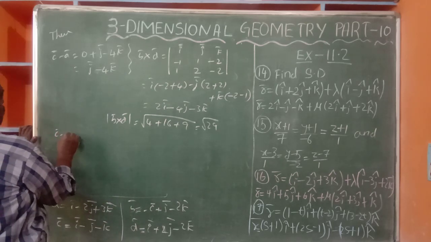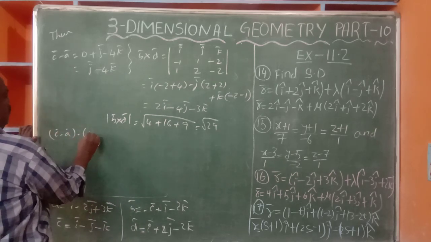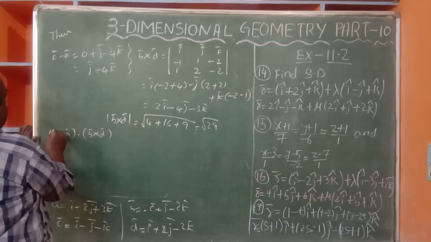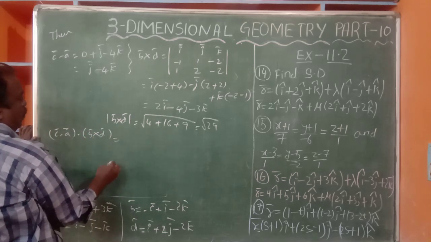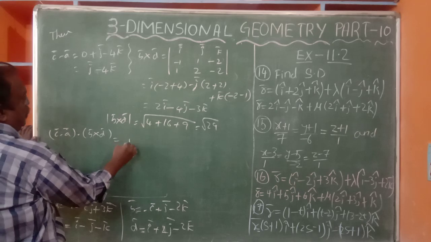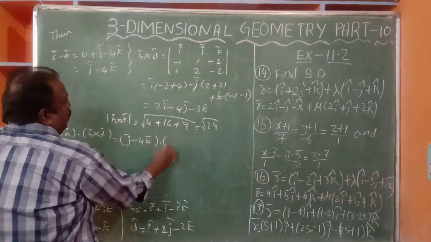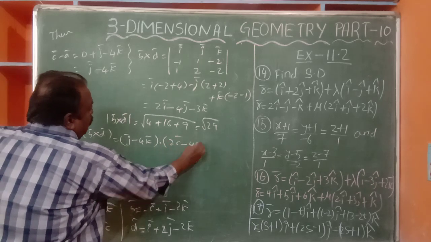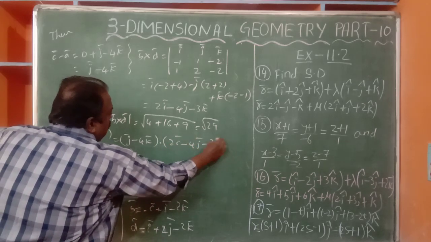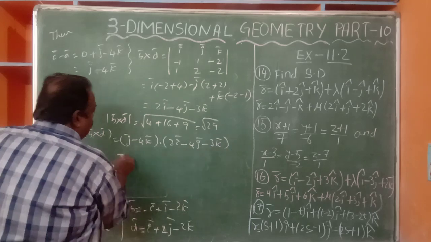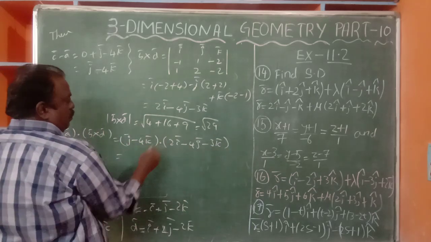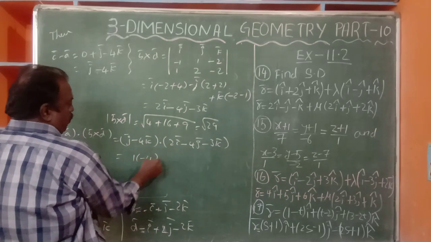Then C bar minus A bar dot B bar cross D bar is needed. C bar minus A bar is j minus 4k, dot 2i minus 4j minus 3k. That is j dot j only, 1 into minus 4. I is not there.